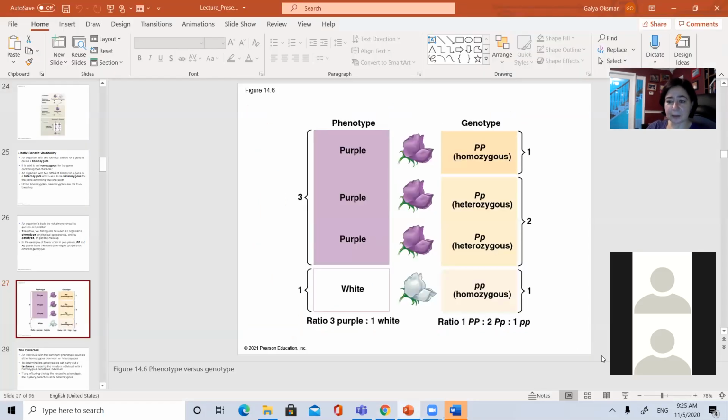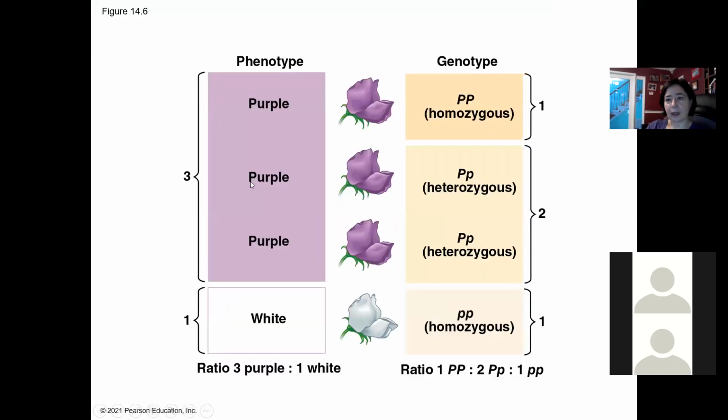Now, if you talk about one gene, it might sound much simpler and easier than when you talk about multiple genes that contribute to a particular trait. But what you can see here, purple phenotype can be homozygous dominant, could be heterozygous.